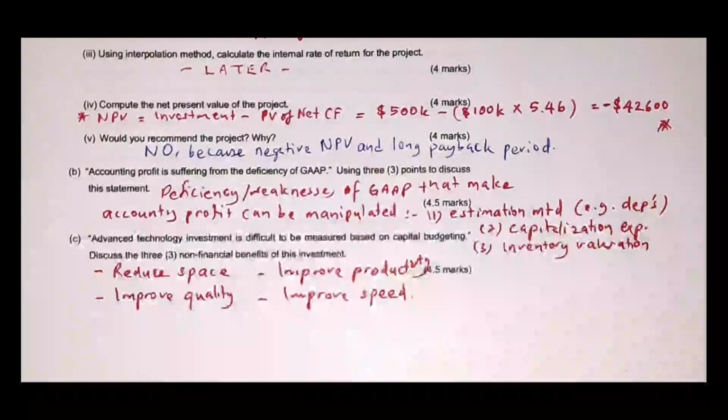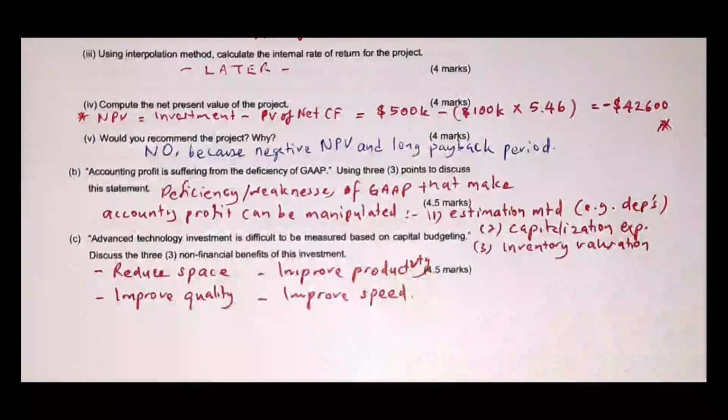I think another one is called output or quantity of production method or something. So the depreciation is calculated based on the quantity of production or unit of output. So for a company, they can choose the method that will show the highest profit. That's the thing that they can do.